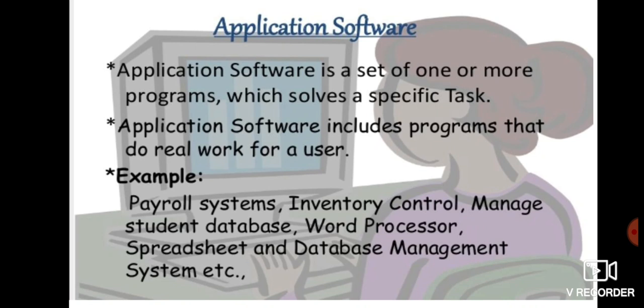So students, all the software have been classified into two types, namely system software and application software. System software comprises the main software of the computer which is required for the functioning of its hardware, while application software is that software which is necessary for the computer to perform a specific task for any specific activity.